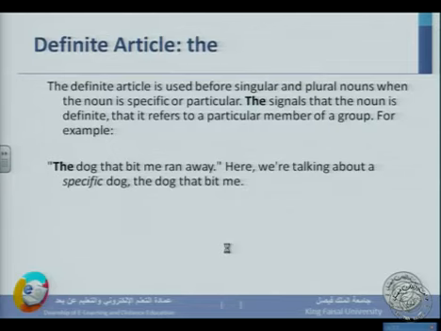As for the definite article, the definite article is used before singular and plural nouns when the noun is specific or particular. This signals that the noun is definite, that it refers to a particular member of a group.